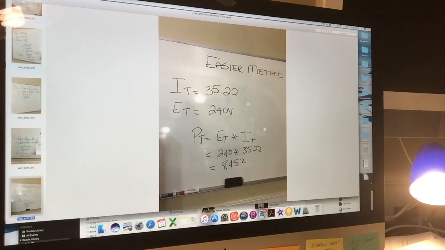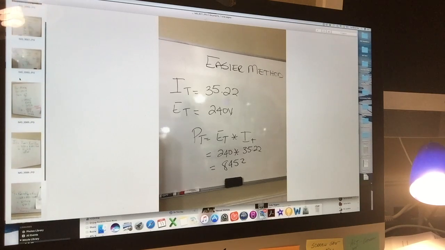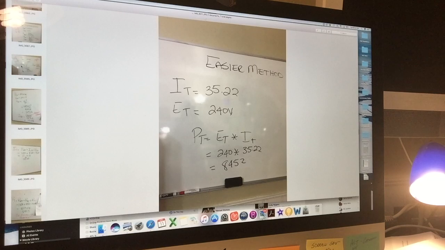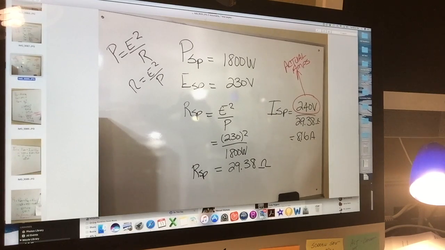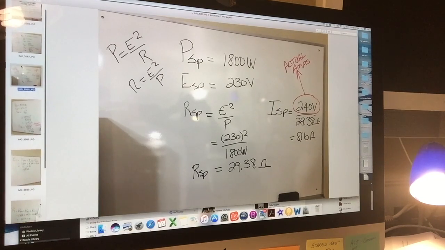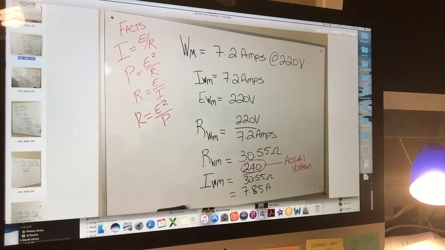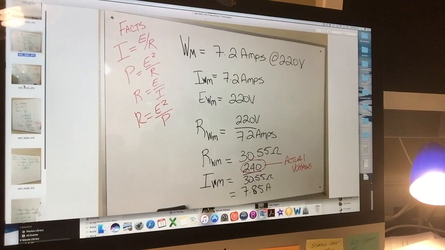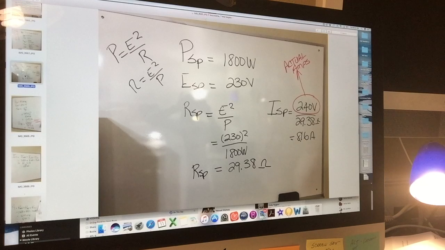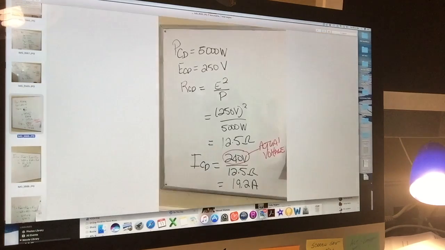That's the easy way of doing it. But if not, you will have to go through each of these nameplates and find the power. Okay, find the power. I don't see my calculations on the power. Let me stop the video.